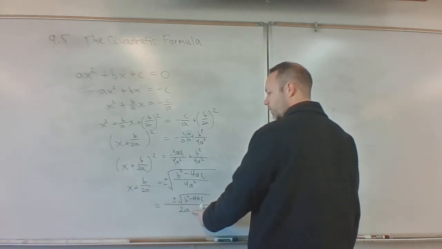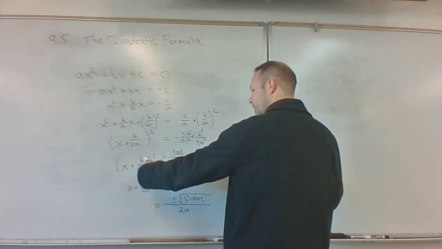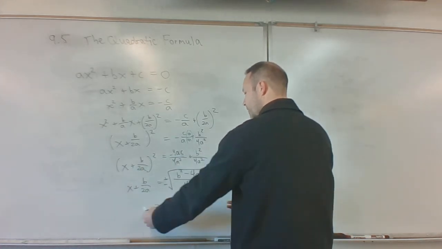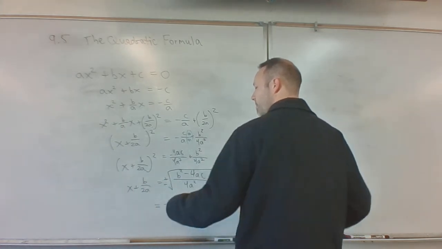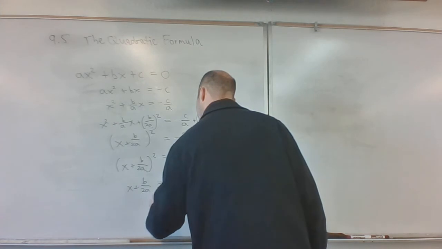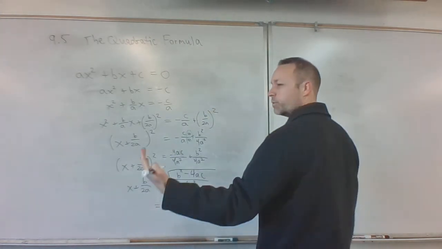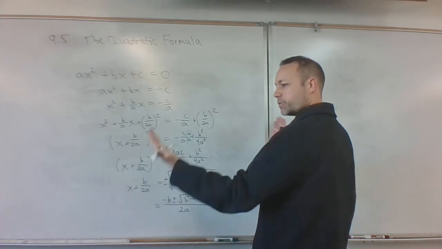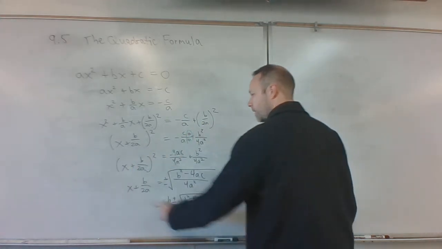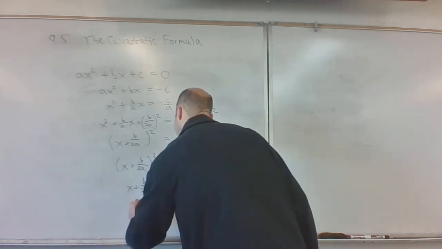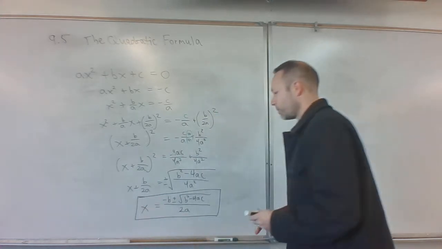So what we can do is combine, when we do minus b over 2a on both sides, I can put my minus b along with this fraction, and my over 2a. When you add or subtract two fractions that have the same denominator, they can combine into one fraction. That's what I've done there, and I'm left with just the x, and that is the quadratic formula.